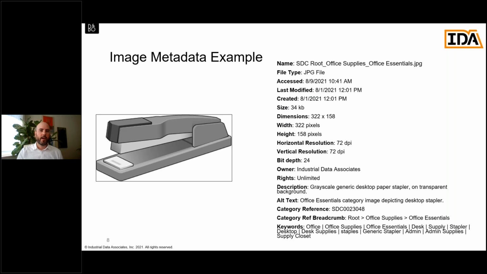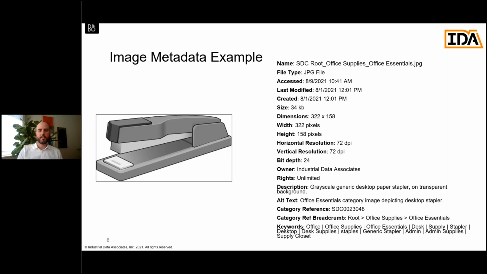Here's an example of how you might fill out some image metadata. So this is a SKUs.com image, and we have a name. Image naming, it might seem like a really simple thing, but it actually ends up being a very important part of DAM. Here, the image name is actually formatted to reference the location within the taxonomy that this image goes.